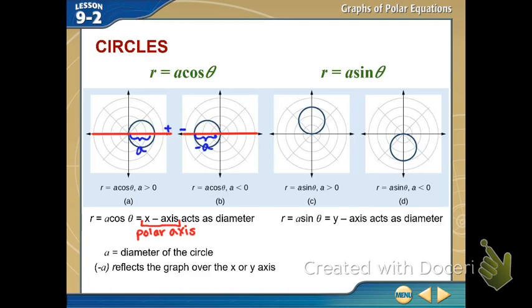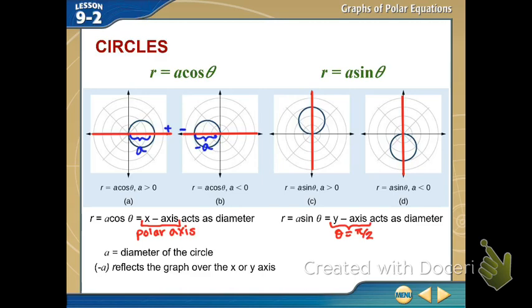Then we can look at sines. So first looking at symmetries, the y-axis, or in this case, theta equals pi over 2 when we're doing a polar graph, acts as the diameter. We have symmetry about that line. So there it is there. Notice our circles are symmetric.